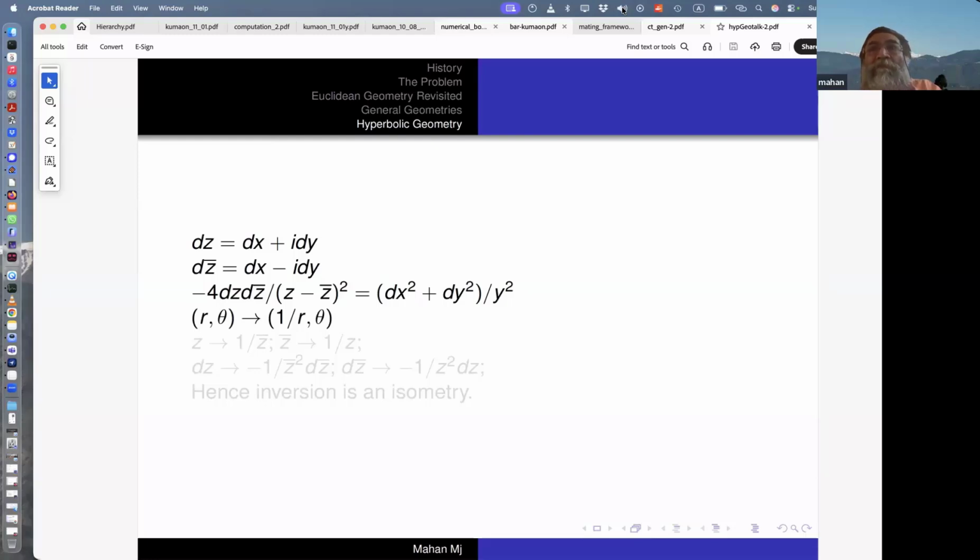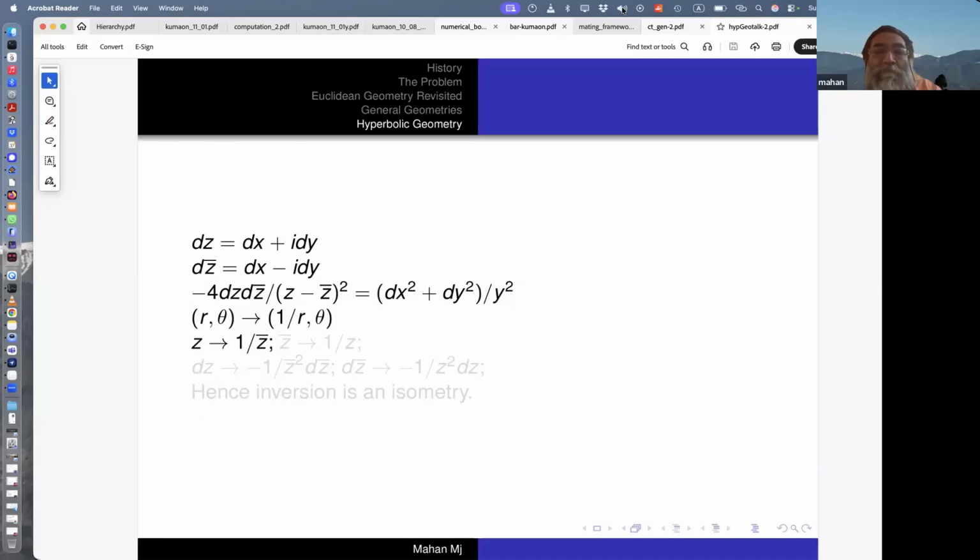So the angle theta, the argument, remains fixed, and r changes to 1 by r. So this is an example of an inversion: (r, theta) goes to (1 by r, theta), where you're inverting about a semicircle of radius 1 and center 0. So what does z go to?